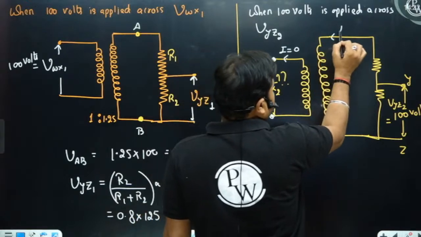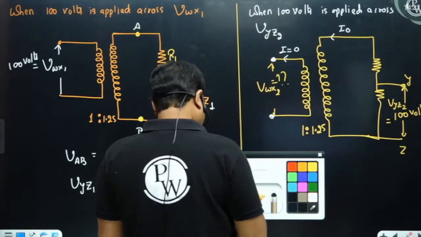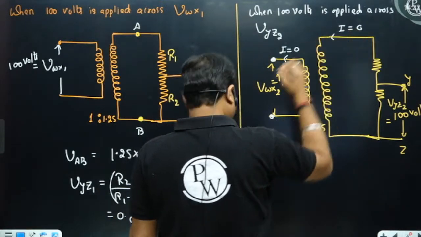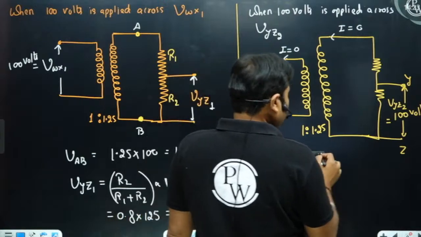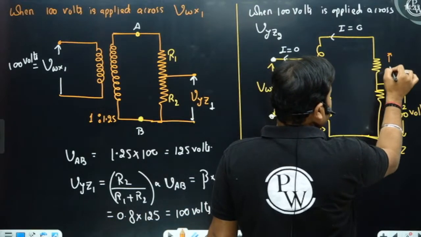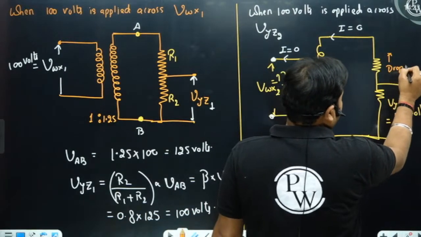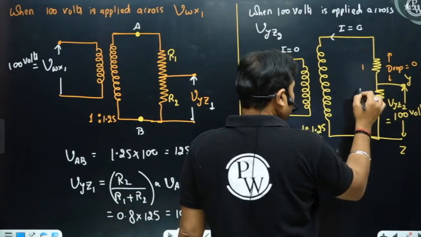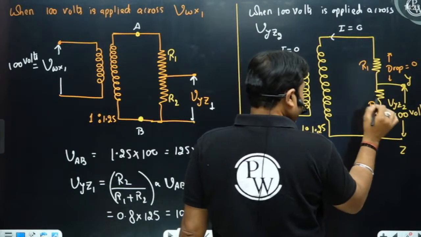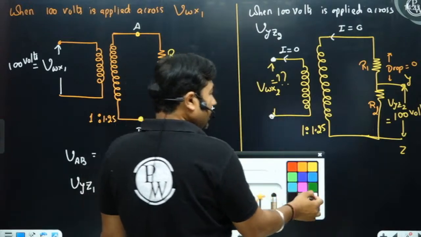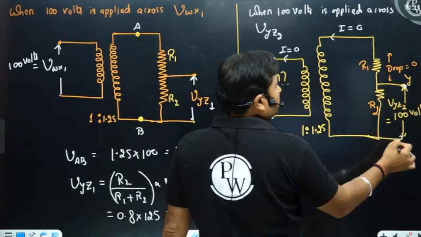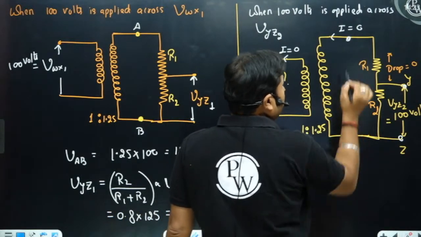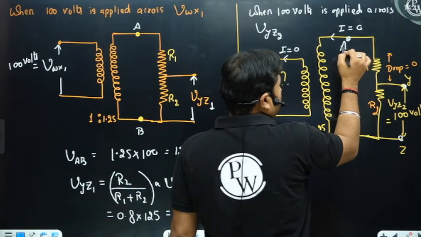When the current here is 0, it means there is no voltage drop across this. Drop is 0. This is your R1, this is your R2 and R1. So when drop across R2 is 0, the same voltage will appear across the terminal AB.